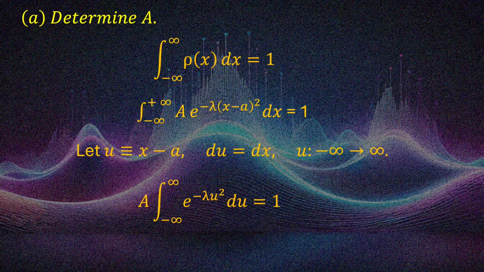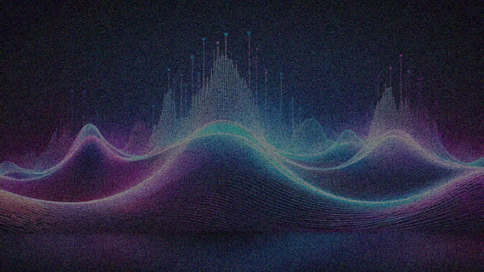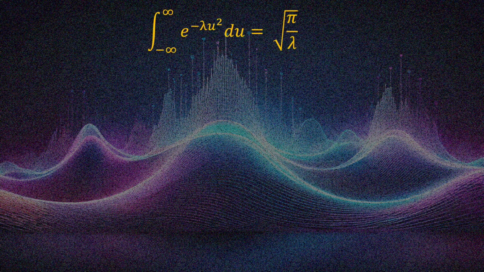Now you have this Gaussian integral, the exponential to the power minus lambda u squared. These integrals are very popular, and you can find how to solve them in any textbook. If you want me to solve it for you, let me know, and I can make a video based on that.